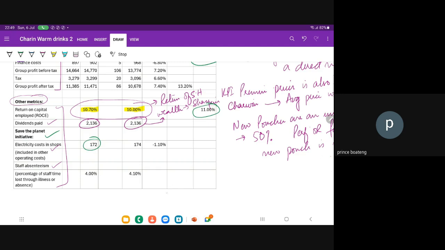Staff absenteeism is given here. Now try to understand, do you think staff absenteeism is something that should be communicated to the CEO or to the shareholder? Is this strategic information? No, it's more operational. So technically, we can criticize this part also, that this represents operational detail.